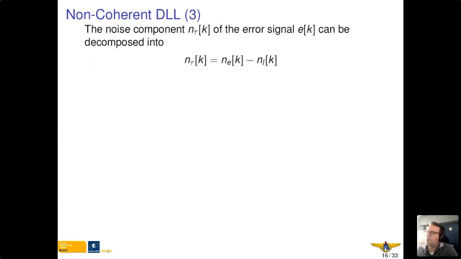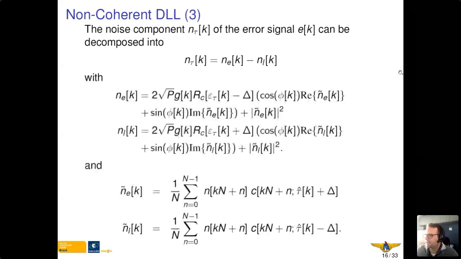Yeah, the noise component is a little bit more tricky to calculate. So for n of tau, we can calculate an early noise component and then a late noise component, and this is then early minus late, and we can derive this with these terms here. So we have the early and the late component.